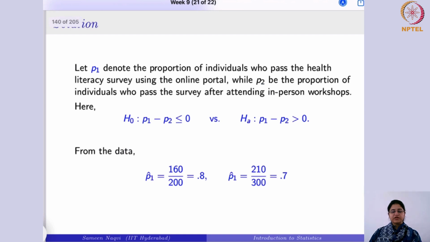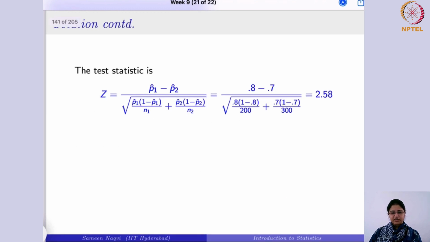You can calculate P1 hat and P2 hat, because P1 hat would be 160 by 200, those who passed out of those who participated in the online one, and P2 hat is 210 by 300. So you can see the proportion P1 hat is coming out more than P2 hat, and when we further analyze it, you can find the test statistic.